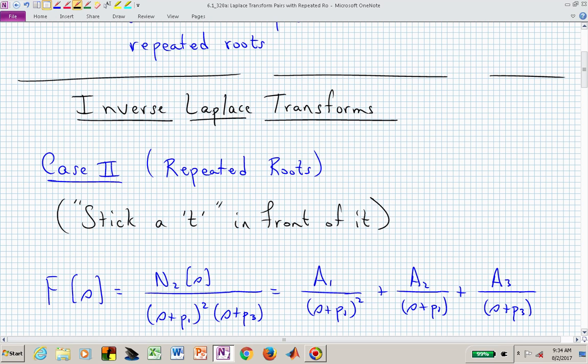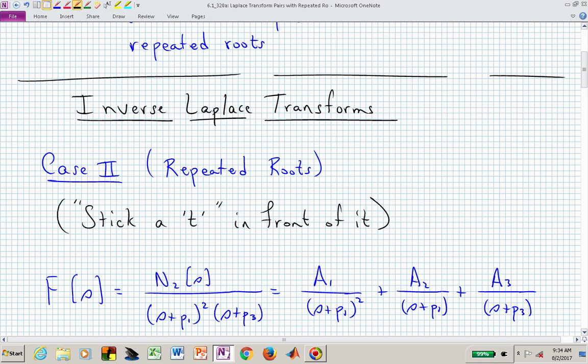But when we are doing our partial fraction expansion, when we have repeated roots, we have to actually accommodate all of those different possibilities, meaning we not only have to have an a sub 2 over the s plus p1 factor, but we also need to have another partial fraction expansion term, a sub 1 over (s plus p1) squared.